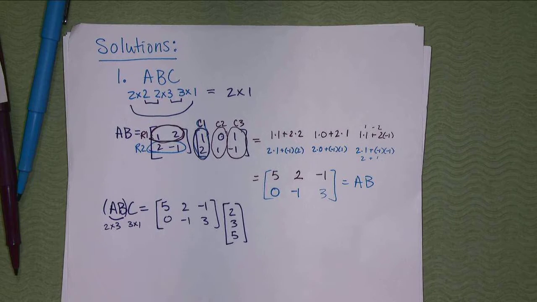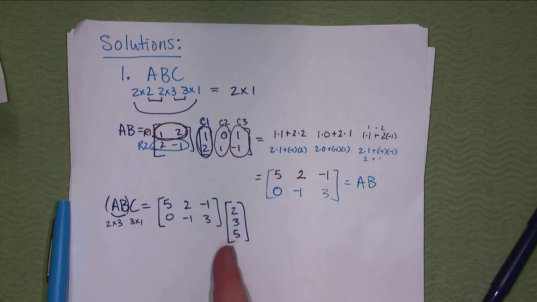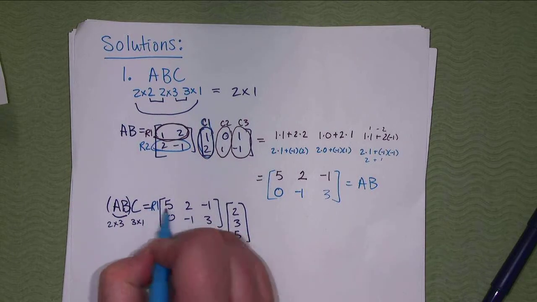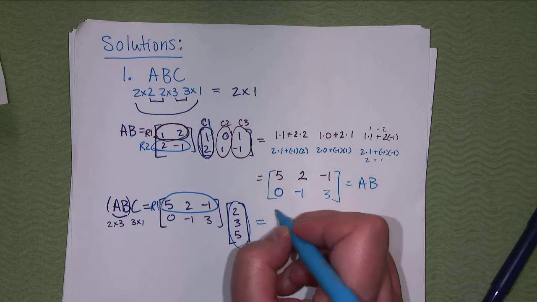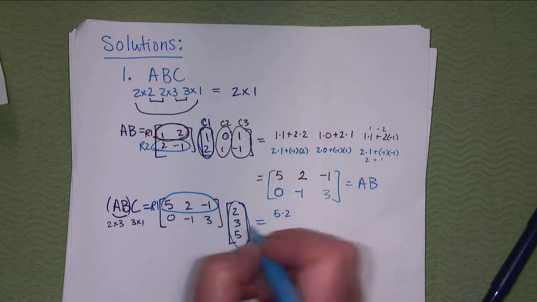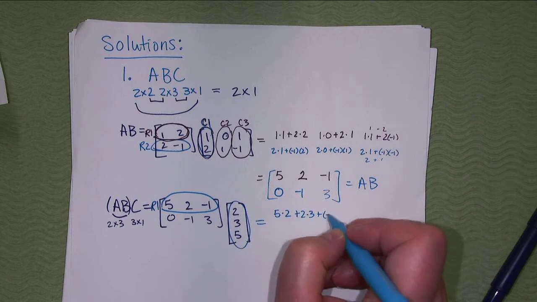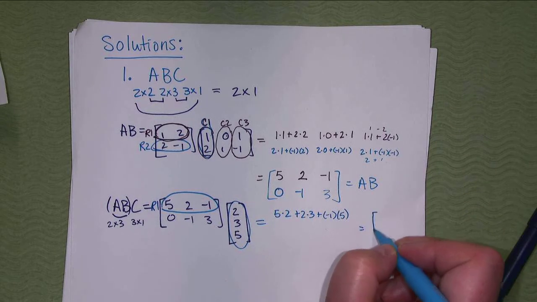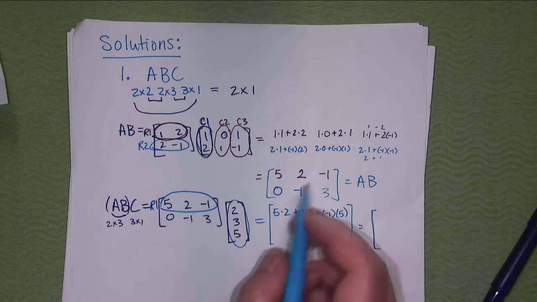So we've got 2 rows to go through, but only 1 column. So we say row 1 first. 5 times 2, 2 times 3, plus negative 1 times 5. So that's 10 plus 6 minus 5, so 11.